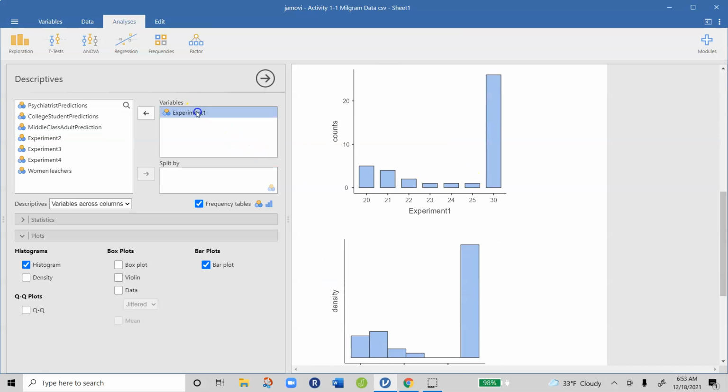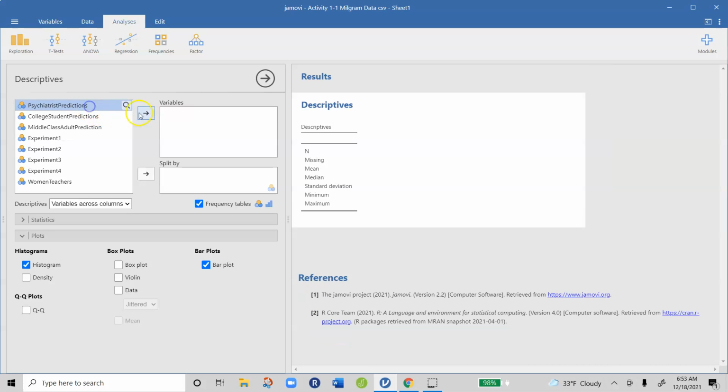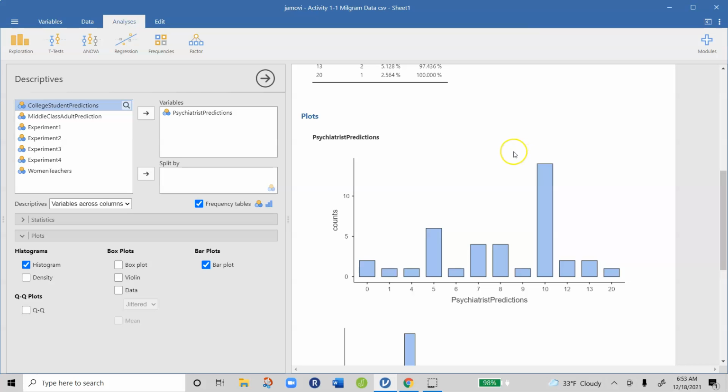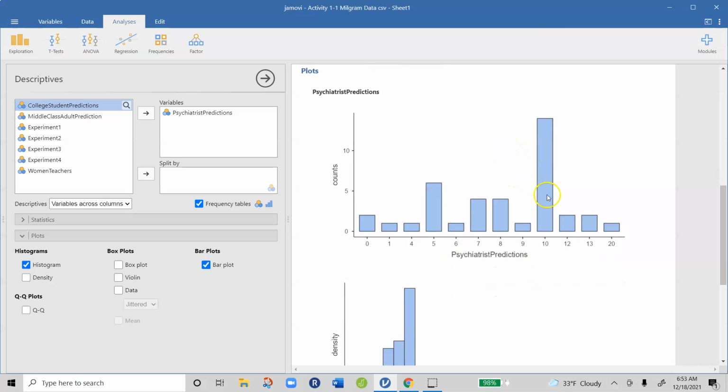Okay. One thing I want to note with the plots, and the plots vary a lot in terms of what they look like in different statistical programs you're going to use. In this case, I want to point out that the x-axis doesn't go up in equal increments. It goes 0, 1, 4, 5, 6.